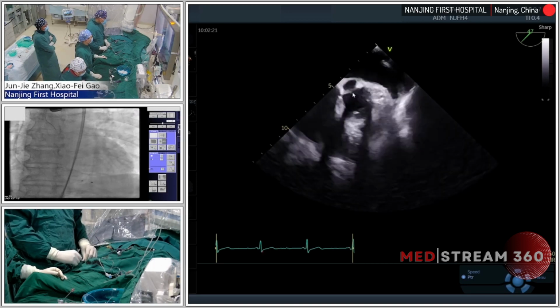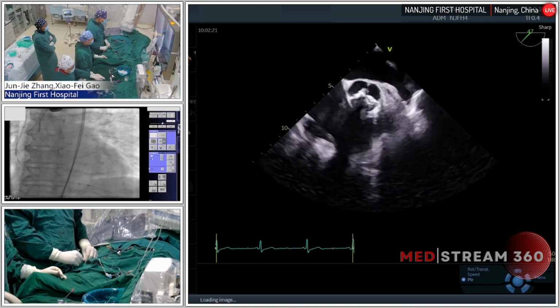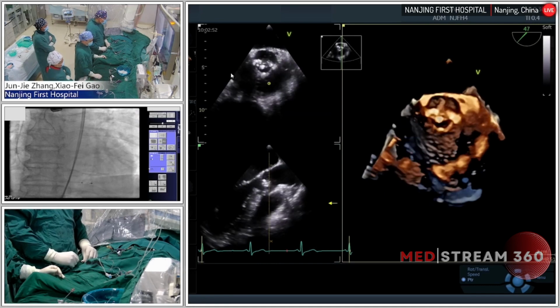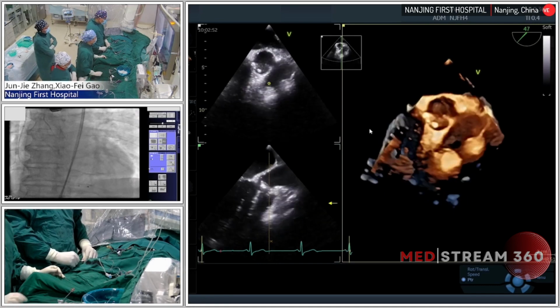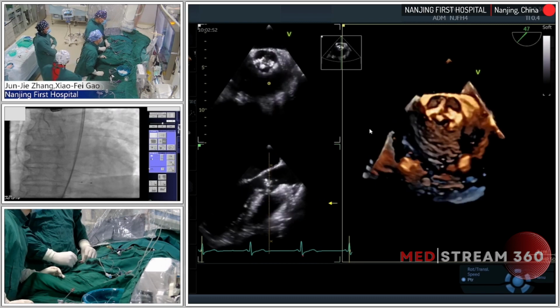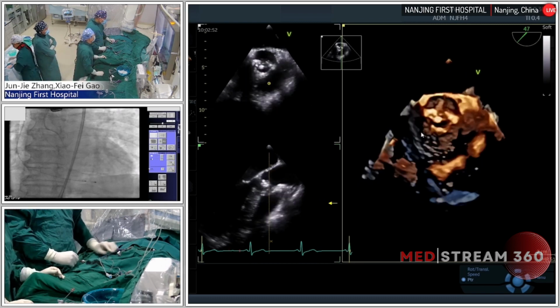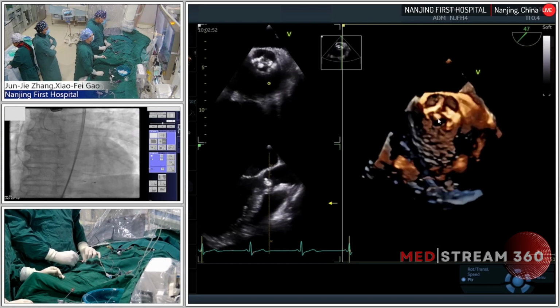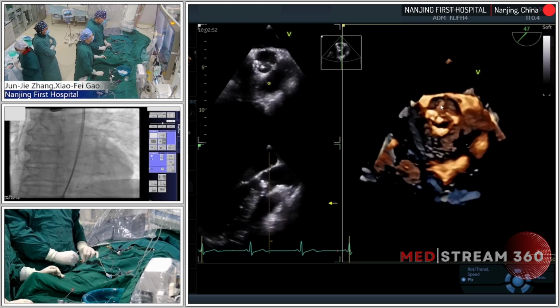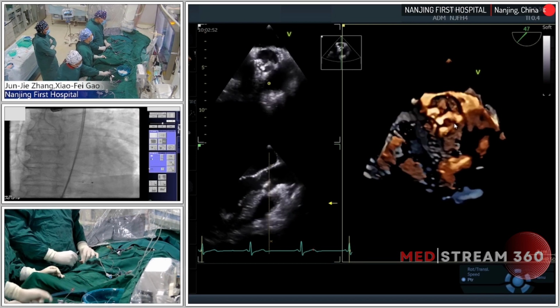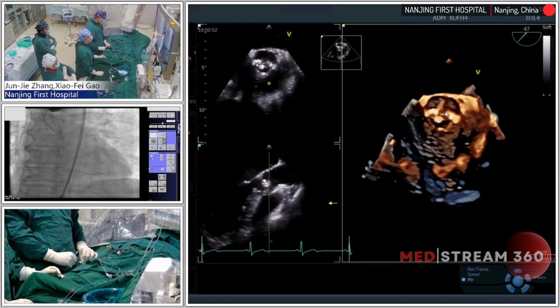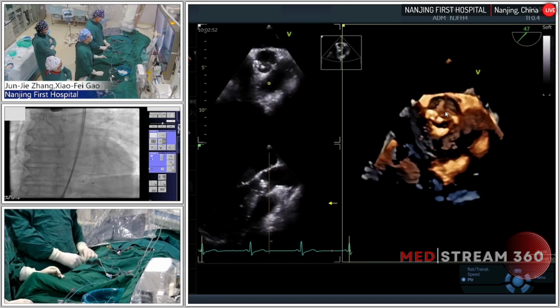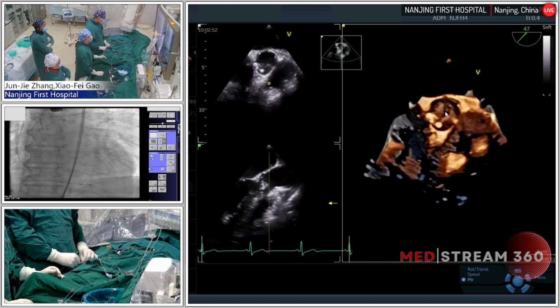This can be seen more clearly using the 3D TEE, which confirms that this is a type 1 bicuspid aortic valve with calcified leaflet and calcified raphe. All this indicates a high risk of perivalvular regurgitation after valve deployment.